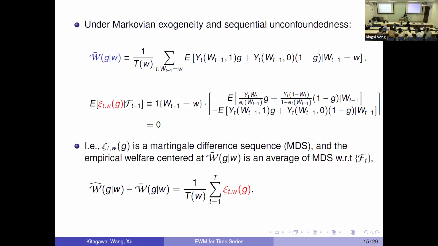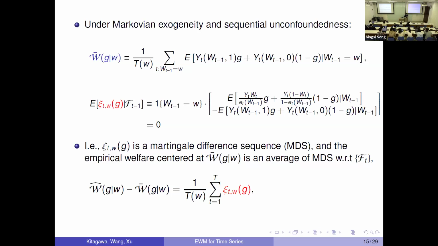After this construction, we show that the difference between the empirical welfare and this intermediate welfare is the average of a martingale difference sequence, and it will converge under certain assumptions.